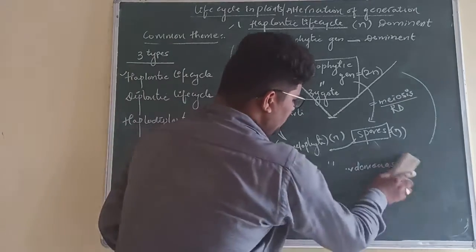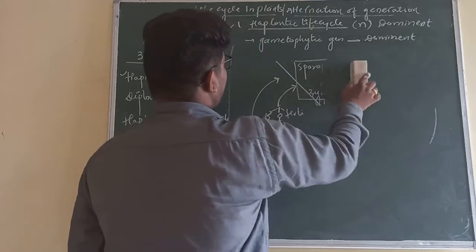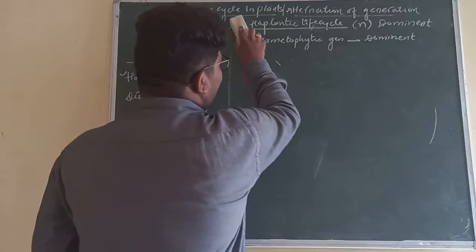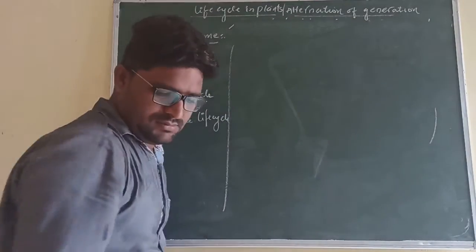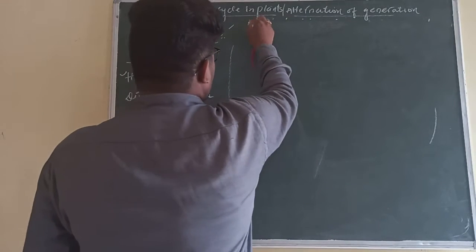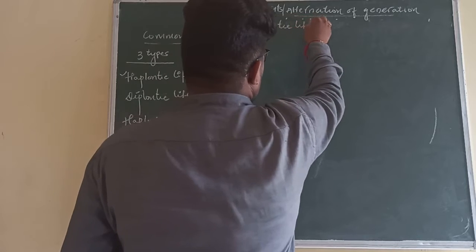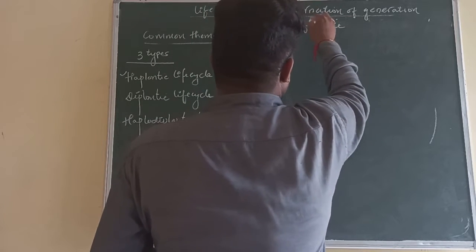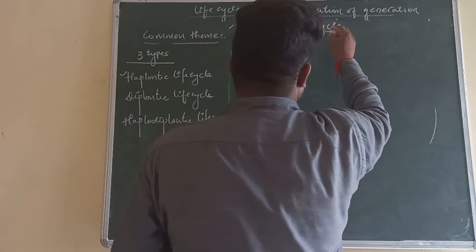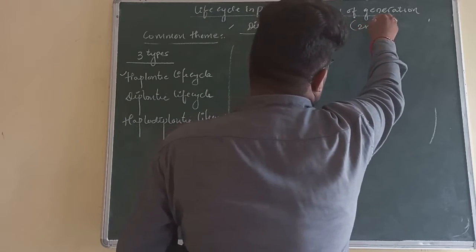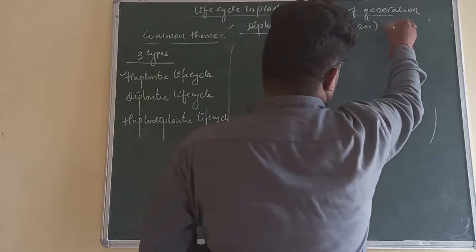So let's move to the diplontic life cycle. Likewise, what will be the stages? In case of diplontic life cycle, 2n, that is the diploid stage, will be dominant.